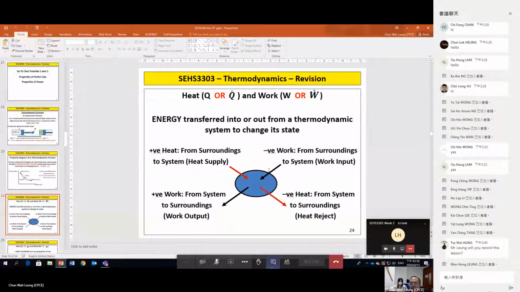If work is negative work, heat is positive heat. However, if the heat is rejecting from the system back to the surrounding, then it is a negative heat. We always say that the heat is rejecting back to us, therefore it is negative. So therefore, both positive and negative refer to directions.